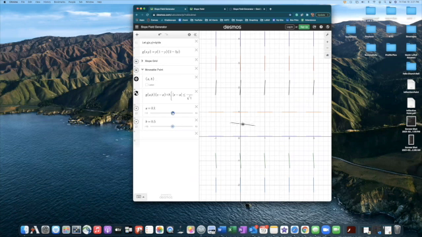Notice if we move it horizontally, the slope doesn't change, which is what she was saying. It doesn't matter what the t value is for this particular one, since the derivative doesn't depend on t or x. If you just move it left or right, the slope isn't going to change. But if you move it up or down, the slope is going to change. So that's kind of cool. I do like this functionality in this one that someone created. I haven't seen this in other places, which is kind of neat.